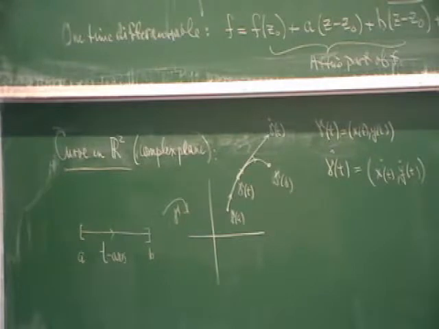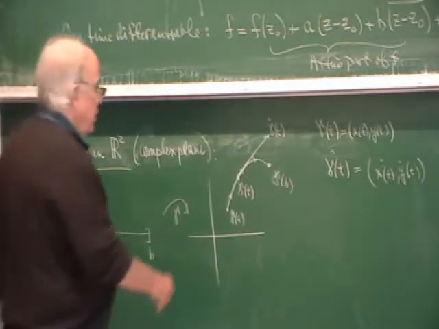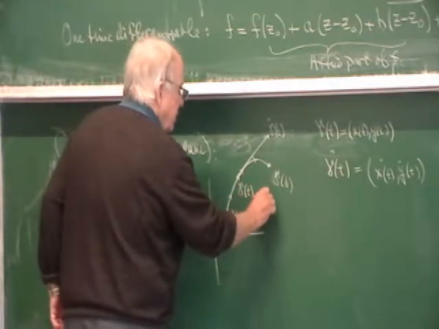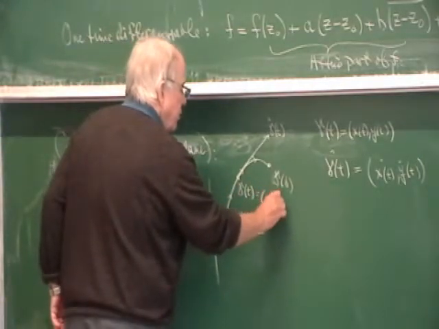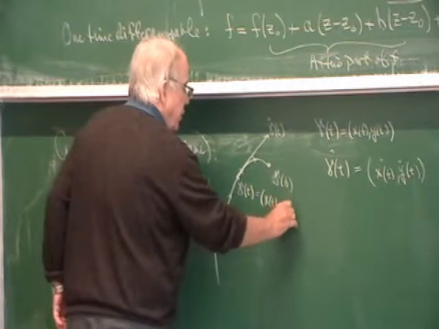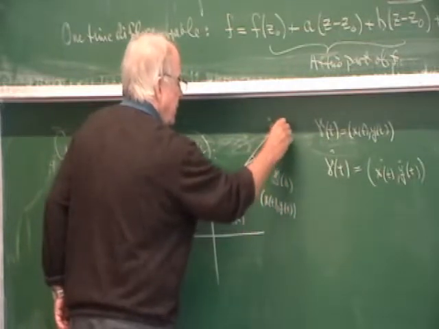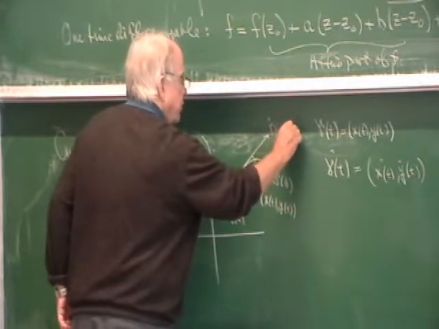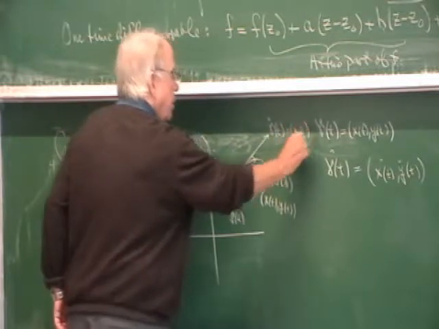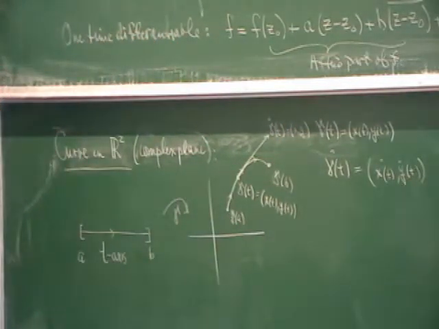Okay, that's the derivative. So at each point, x and y are the coordinates. We're using them right now. Later on, I will use z and z bar, and the velocity of x dot. Okay.